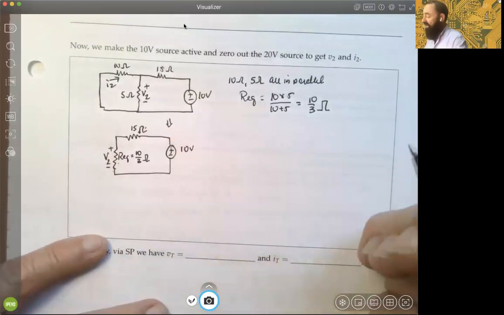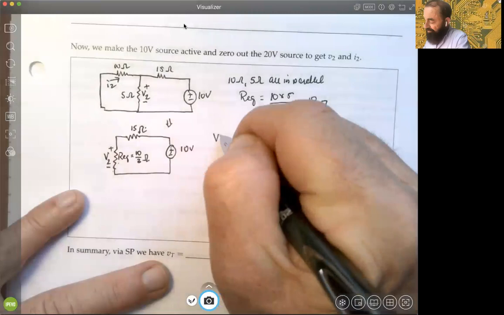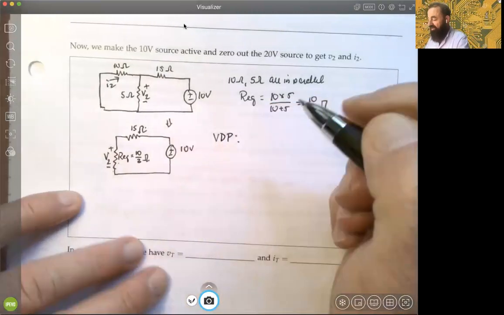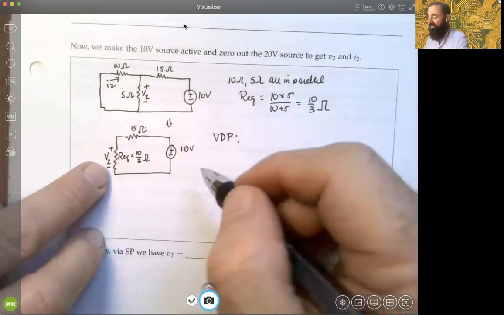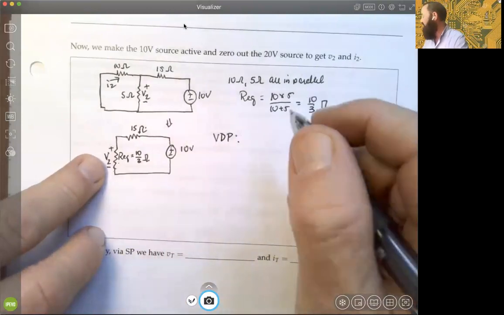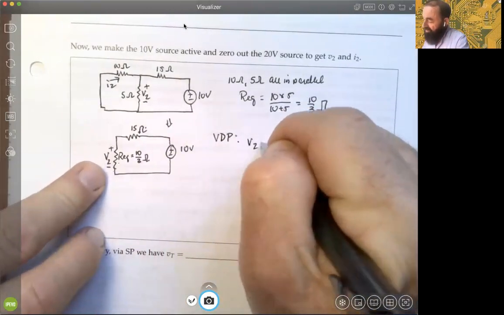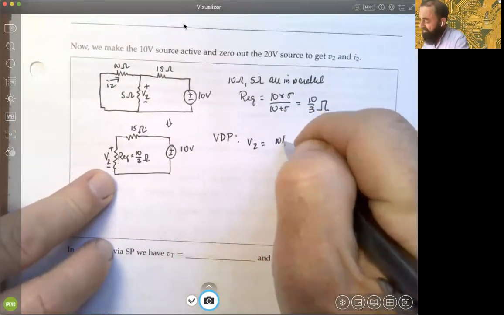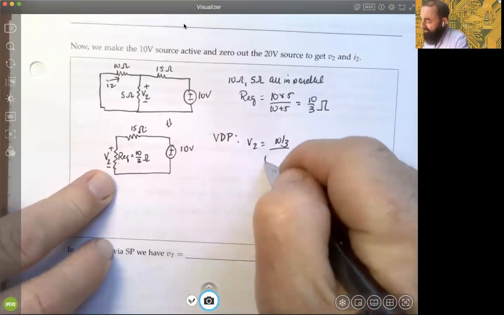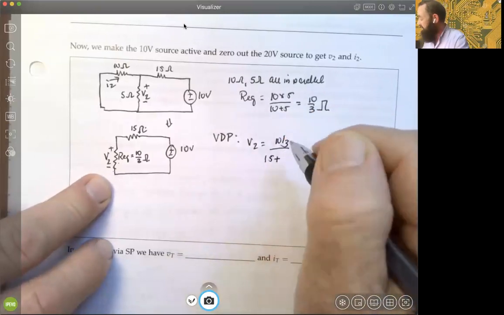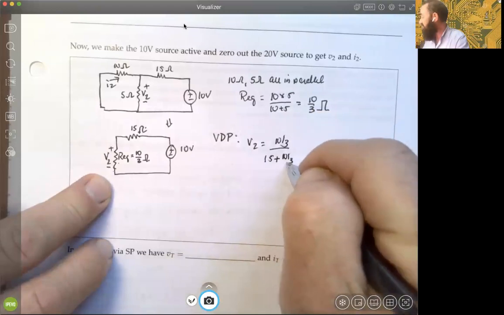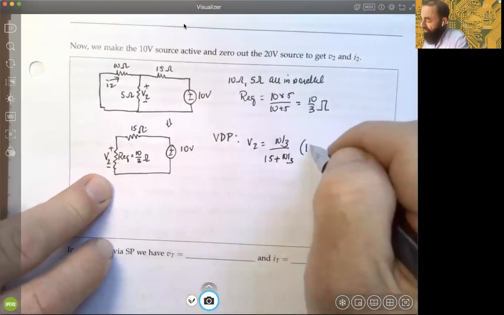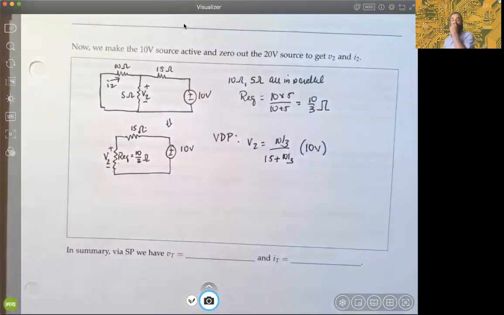So now we can do VDP again, because I now only want to know the voltage across this guy, all right? So V2 in this case is 10 thirds divided by 15 plus 10 thirds. So you might need a little calculator here. And that's the proportion of the 10 volt source, right?